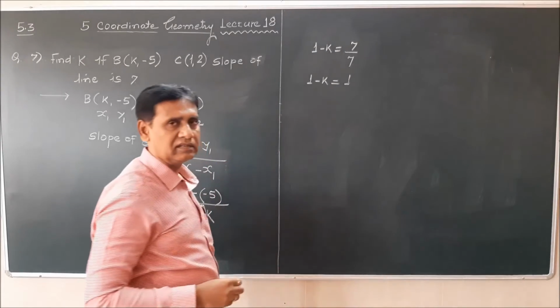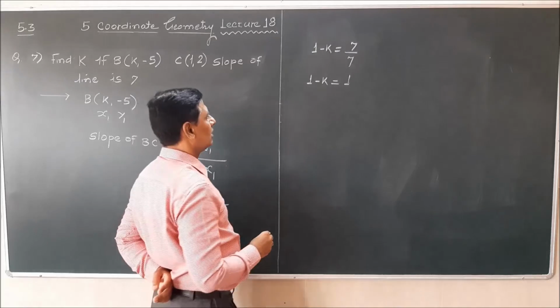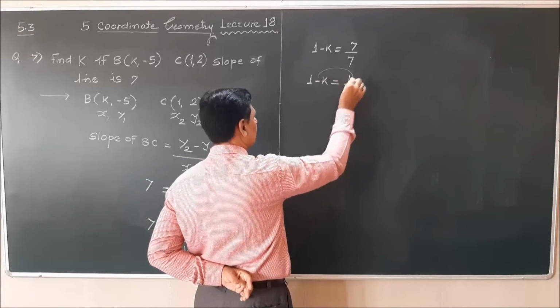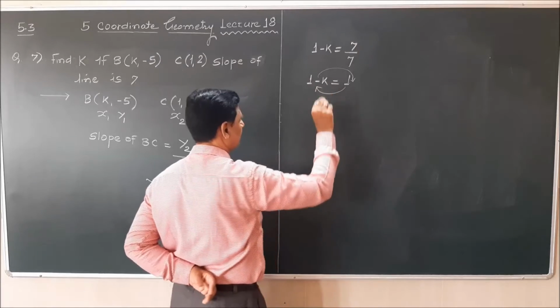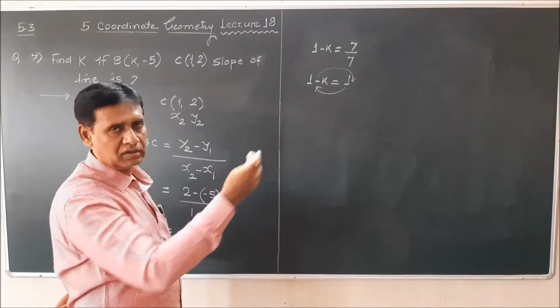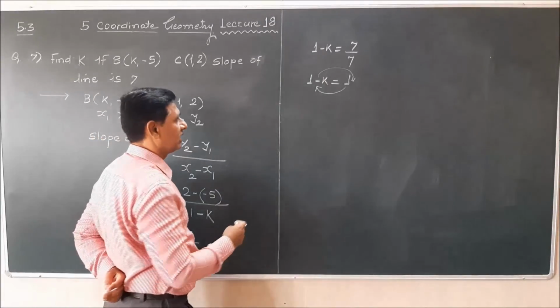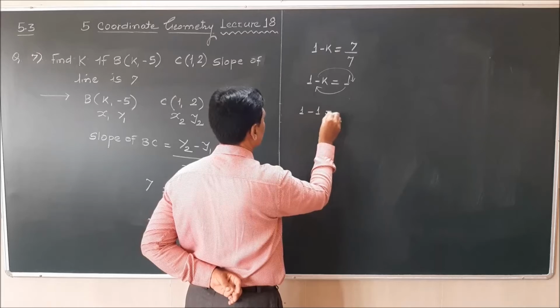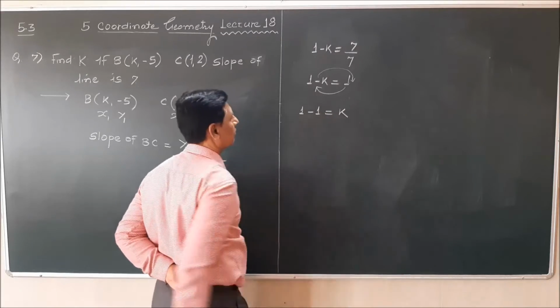Please try to understand this carefully. Now what I am going to do, I will transfer this k to the right hand side and I will transfer 1 to the left hand side. So what I will get now is 1 minus 1 is equal to k.